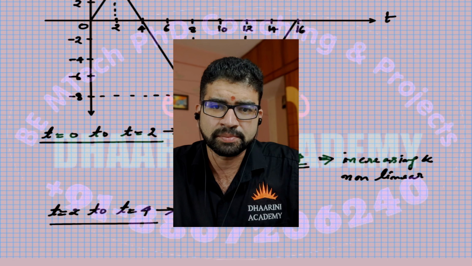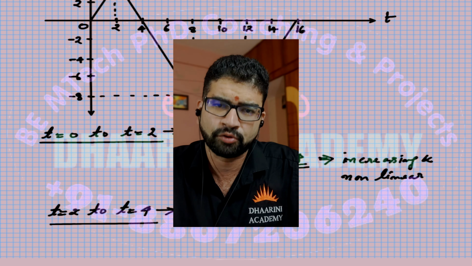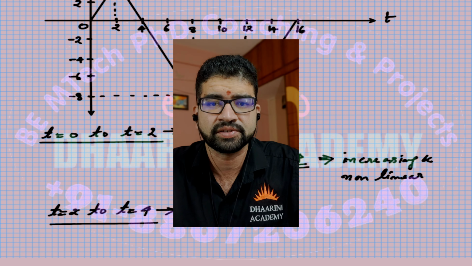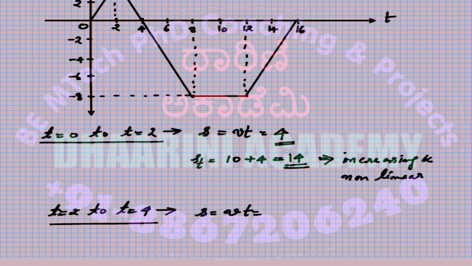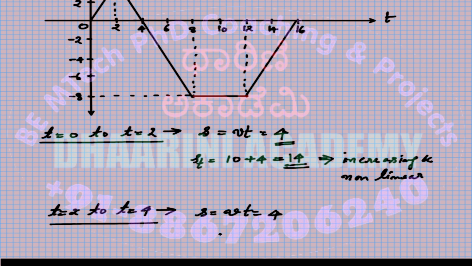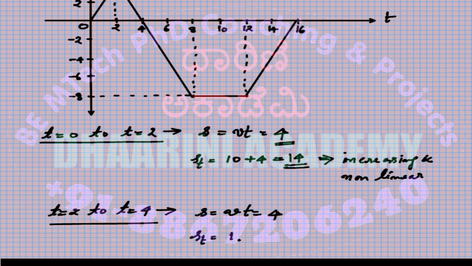If the area is below the x-axis, that area is considered negative, so the velocity is also going to be negative in such cases. But as of now, it is positive. So V t is equal to once again 4. So what is the distance covered now? S total is equal to the previous value, 14, plus 4. So that is equal to 18.